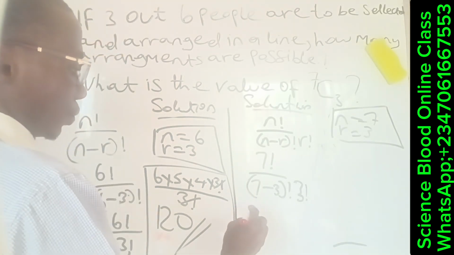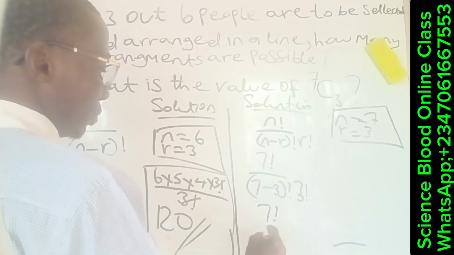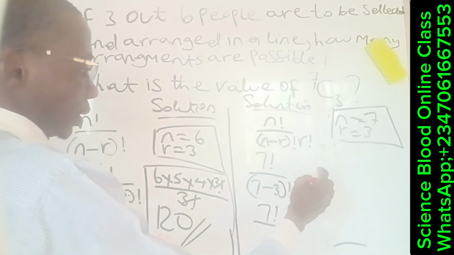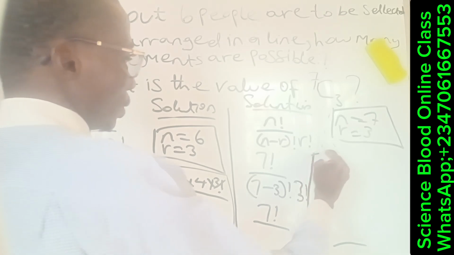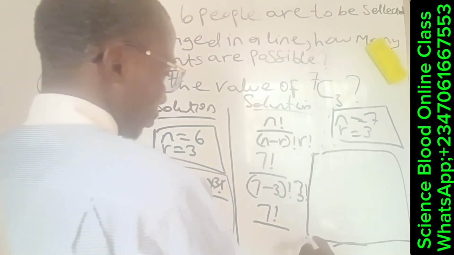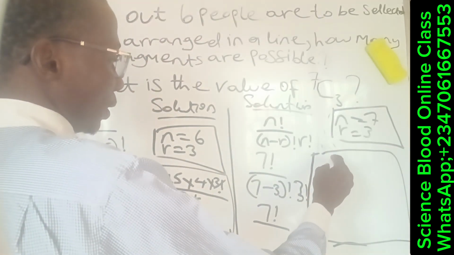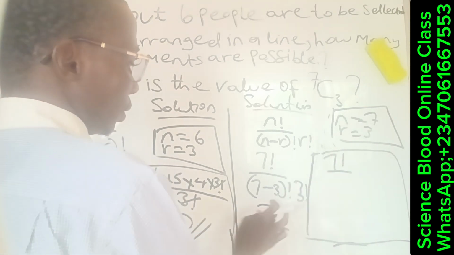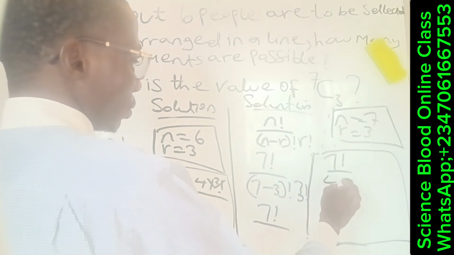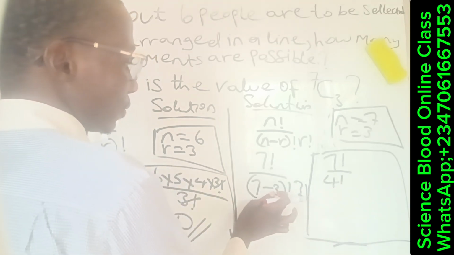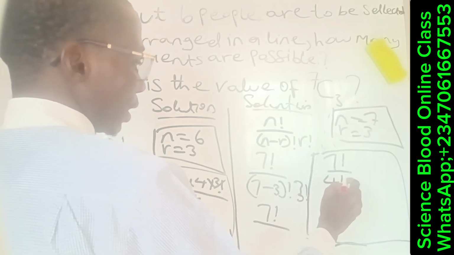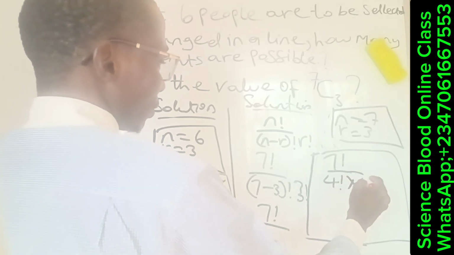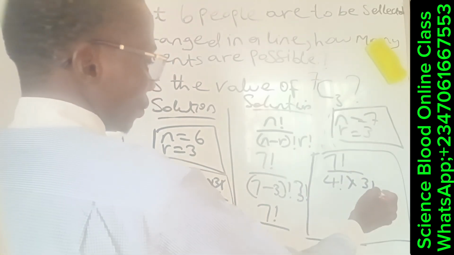Let me continue from here so that we see it very well. 7 factorial all over 7 minus 3, which gives us 4. Remember this factorial outside, so we have 4 factorial multiplied by what is left here, 3 factorial.